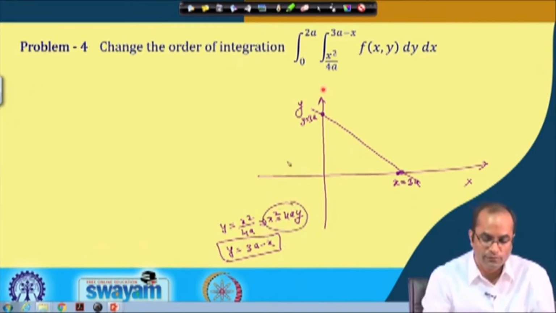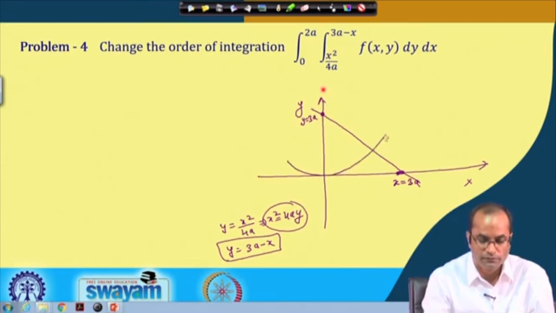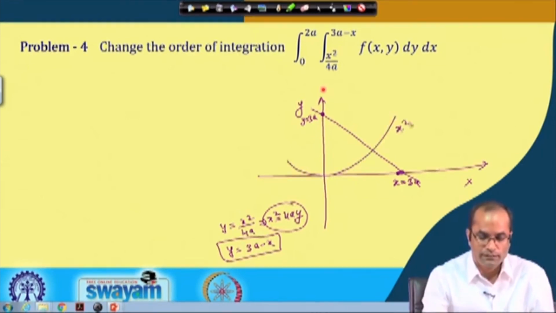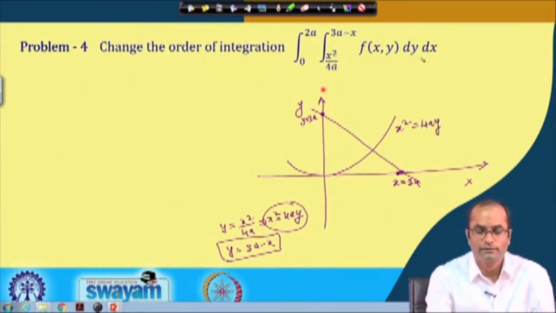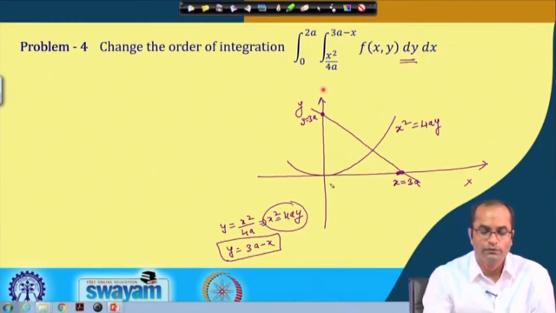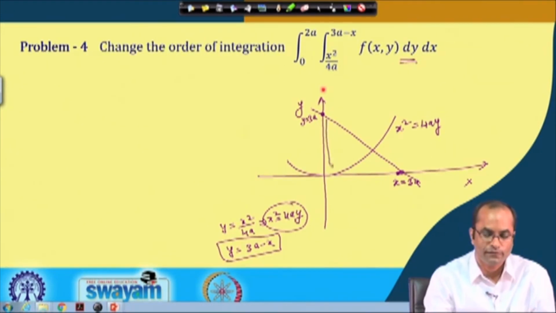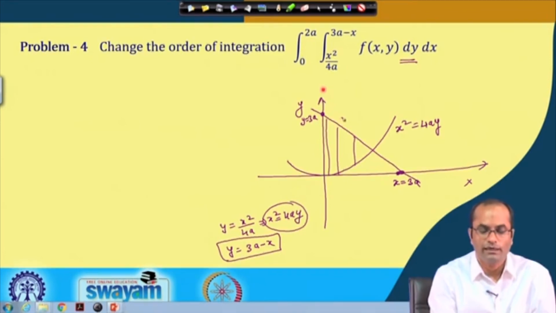So, that is the parabola. Now, if we look at the limits for y, y goes from the parabola to the line.